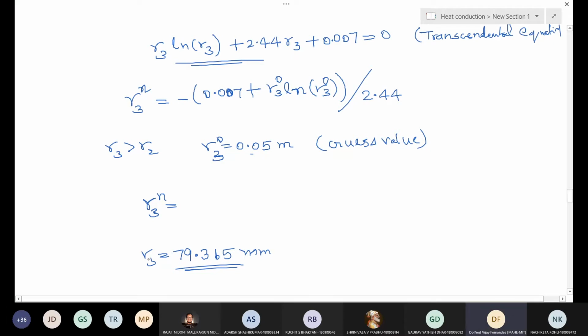So you can obtain this by different methods also. You can adopt the Newton-Raphson method. You have studied the Newton-Raphson method, right, in mathematics? Yes, sir. So that is the formula you can write.